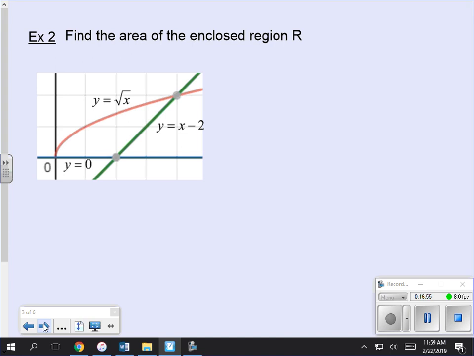Another way to do it is to find the area of that and add the area of that. Break it up into 2 parts and add the 2 parts together. That would work too, right?